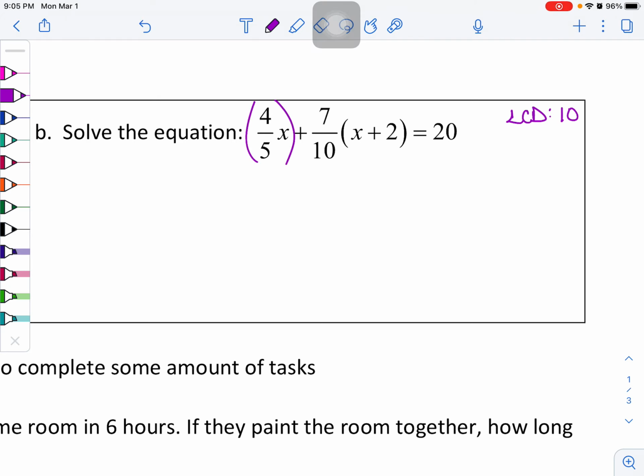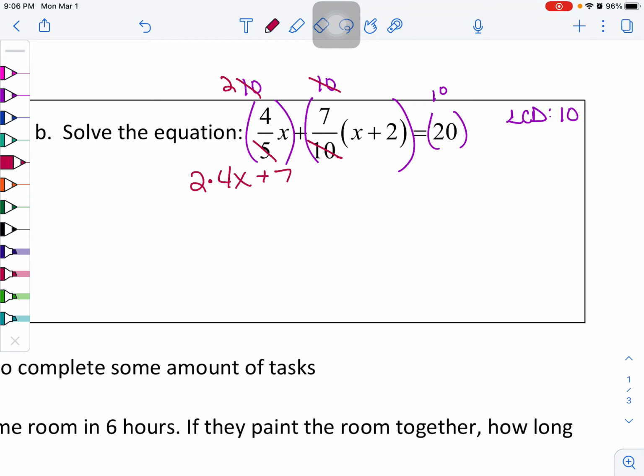Now you could take 5 times 10 and use 50. Your numbers would just be bigger to work with, but that would work out just fine as well. So I'm going to take all these bits, parts, and pieces, and I'm going to multiply them all times 10. So in the first fraction here, 5 can go into 10 2 times. So I want to collect up all the pieces that are left.